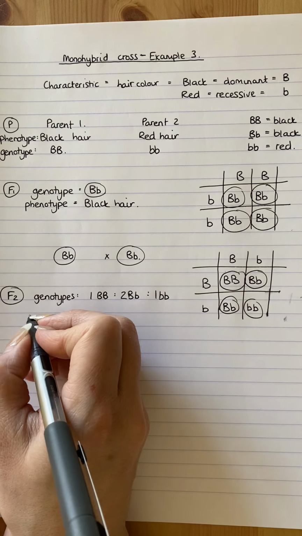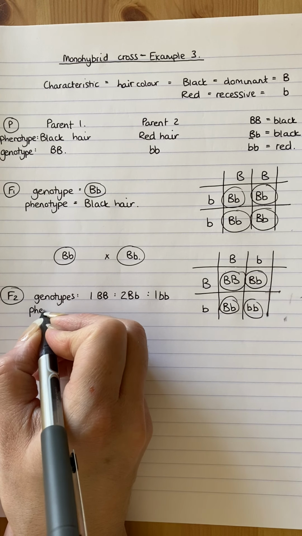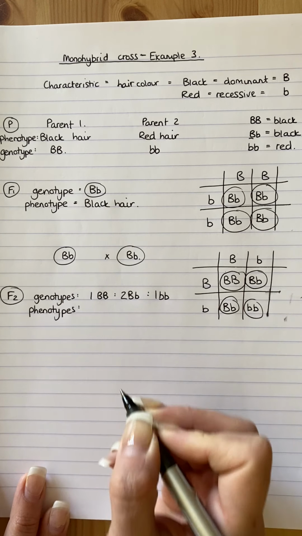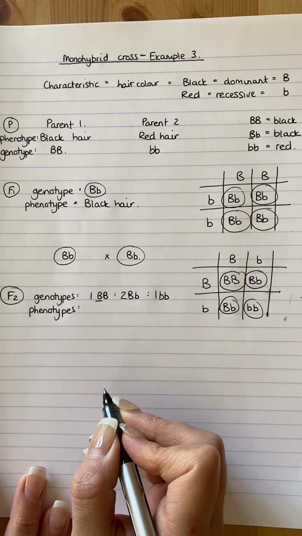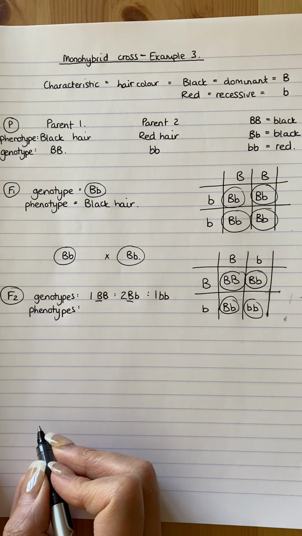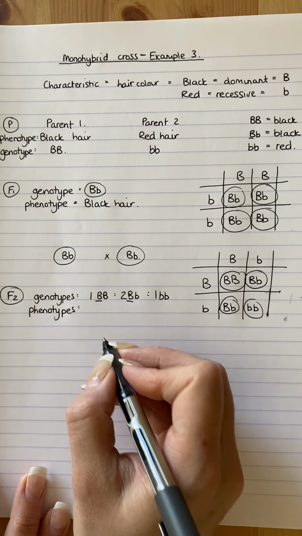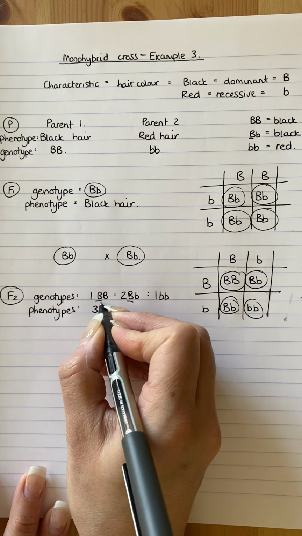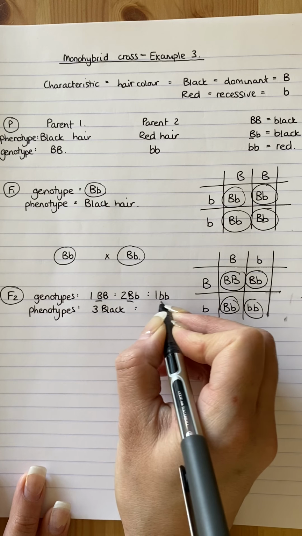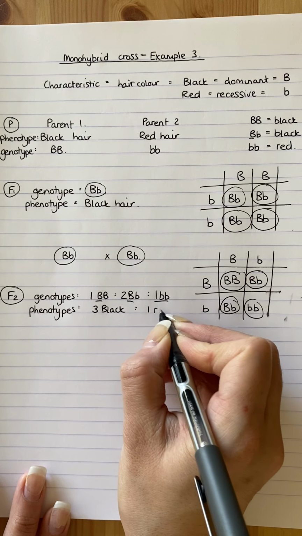Okay, and then we figure out their phenotypes from that. This person is a capital B, and therefore they'd be black-haired, and so do these people. So when we look at their phenotype ratio, what we'll see is they have 3 potential black hair and 1 potential red hair.